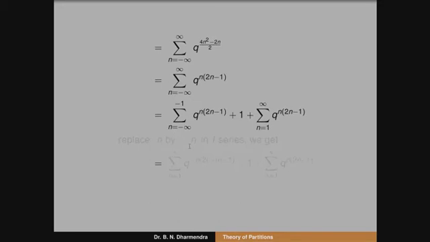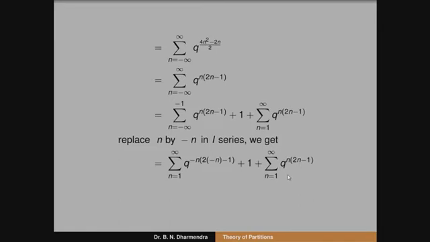Observe, we get summation n running from 1 to infinity q to the power of minus n into 2 times minus n minus 1. When I multiply the minus inside the bracket, it becomes plus, that is q to the power of n into 2n plus 1, plus 1, plus summation n running from 1 to infinity q to the power of n into 2n minus 1.